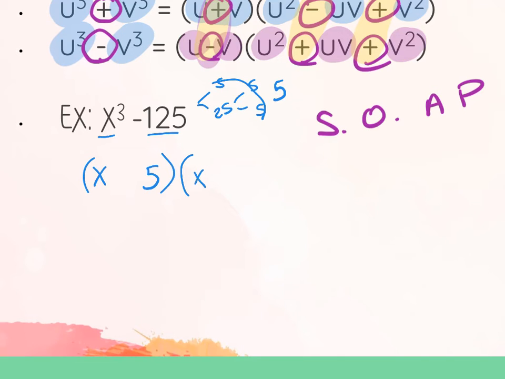Then I do the first term squared, the second term squared, and the product in the middle, which would be 5x. And the signs go same, opposite, positive. So same as the original is minus, opposite would be plus, positive is the last one, and there's my factored perfect cube.